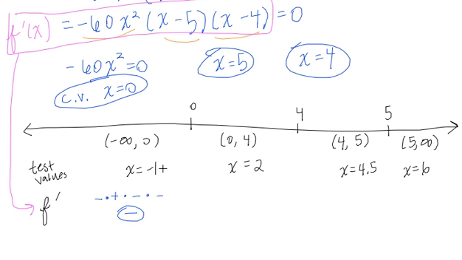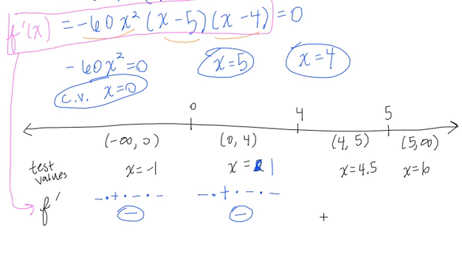So f prime of negative 1 is some negative number. Now let's just plug in 1. F prime of 1: we still have the negative 60 out, so that's negative. 1 squared is positive, 1 minus 5 is negative 4, and 1 minus 4 is negative 3. So f prime is still negative there.